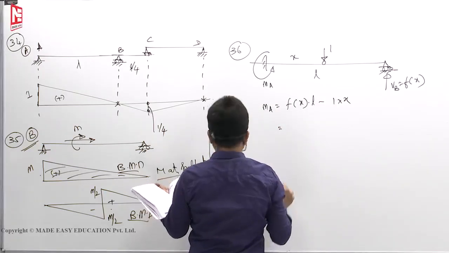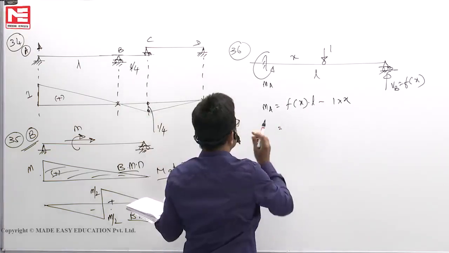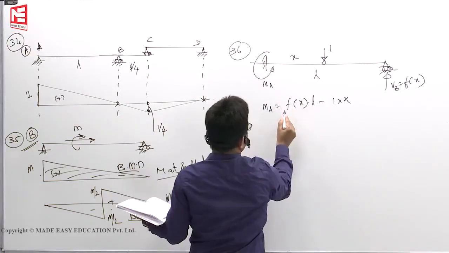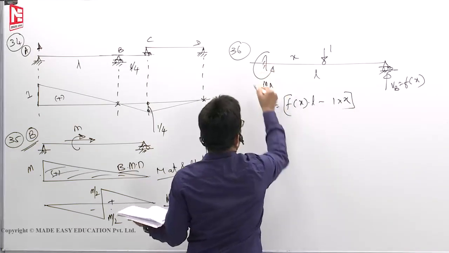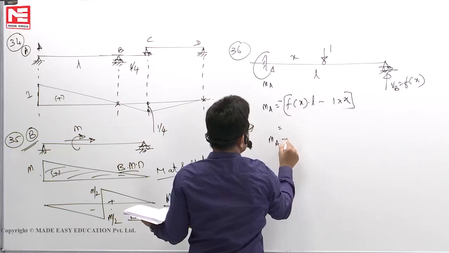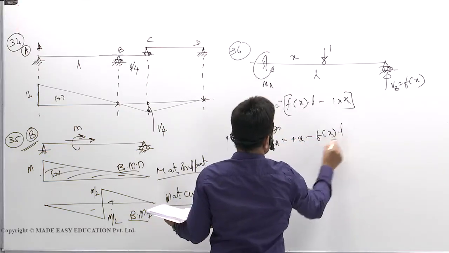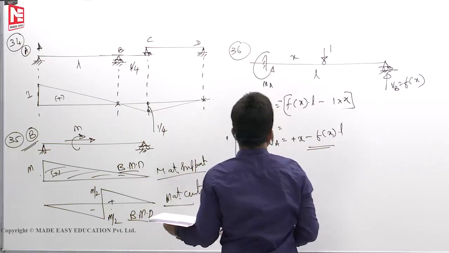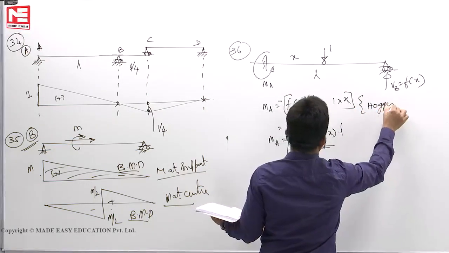Okay, anticlockwise. But he has given x minus f of x into L. That means he has taken our anticlockwise moment. If you take this value as negative, say anticlockwise hogging moment, if you take minus, you will get like this: MA is equal to plus x minus f of x into L. Okay, this is hogging bending moment.